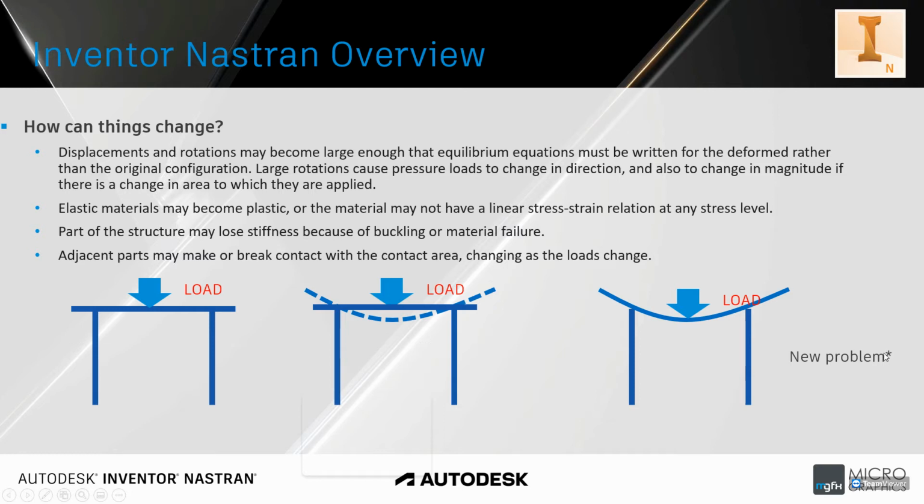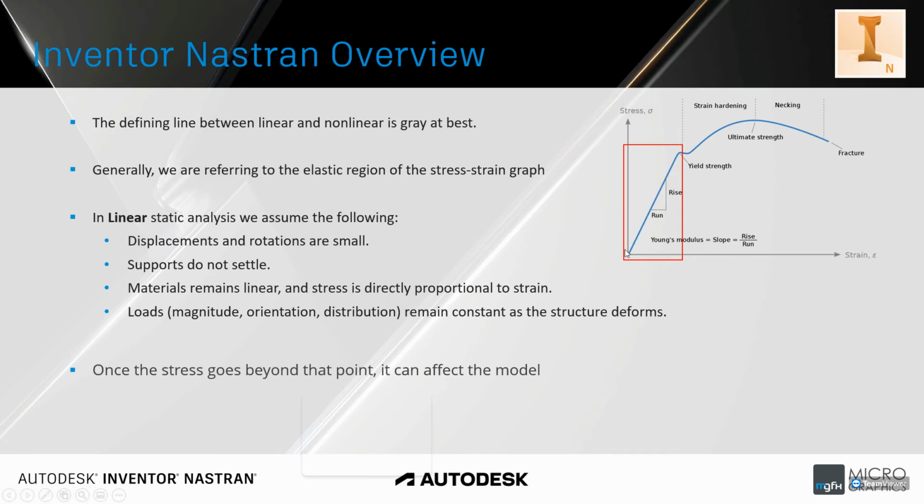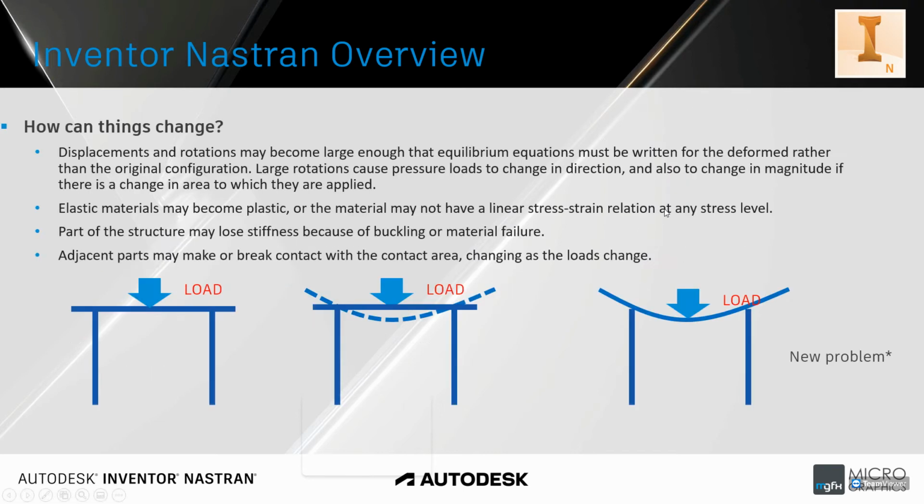So it is, in fact, I've written here, technically a new problem. So if you increase the load further than this, you're not doing yourself any favors by assuming that it is still a linear relationship. You're going to have to consider that things have changed. Okay, so just to read that wall of text, displacements and rotations may become large enough that equilibrium equations must be rewritten.